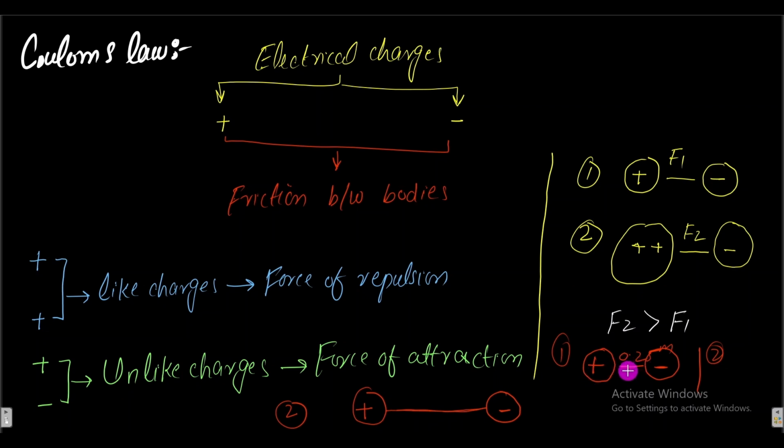Before, we had a distance of 0.25 meter, but now it is 0.5 meter. Actually the distances between charges are not so high, but I consider that at a macroscopic level in order to help you understand better. So I increase the distance between the same charges, and I label this F1 and this F2.